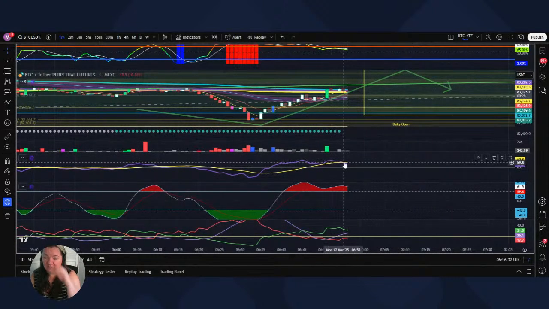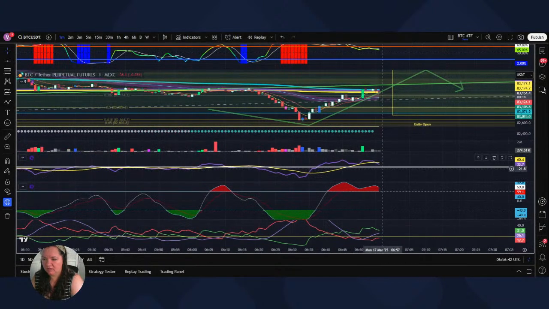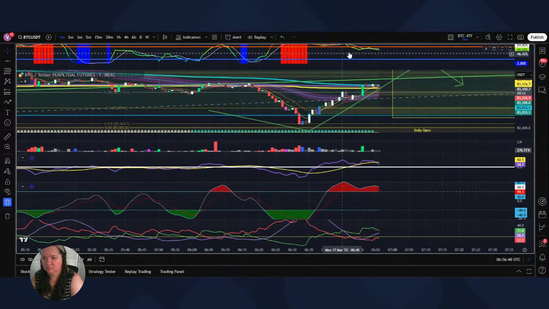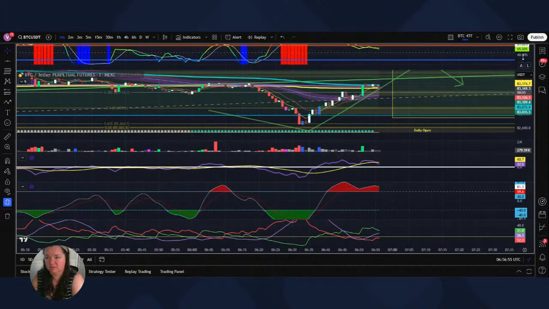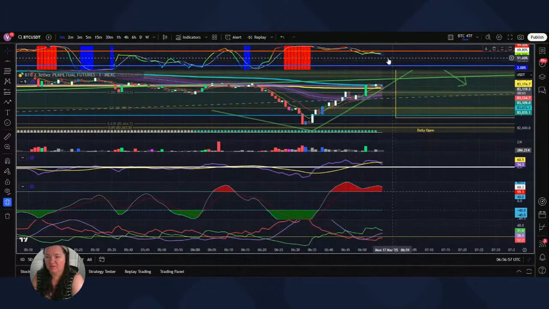We have gone through the signal line, so a lot of times it will bounce off of that, or it will bounce off of the 0 line. So if we get a bounce here, this turns back up. We've still got lots of volatility. This is a BBWP, a Bollinger Band Width Percentile indicator, which shows volatility. And so we've got very high volatility right now.